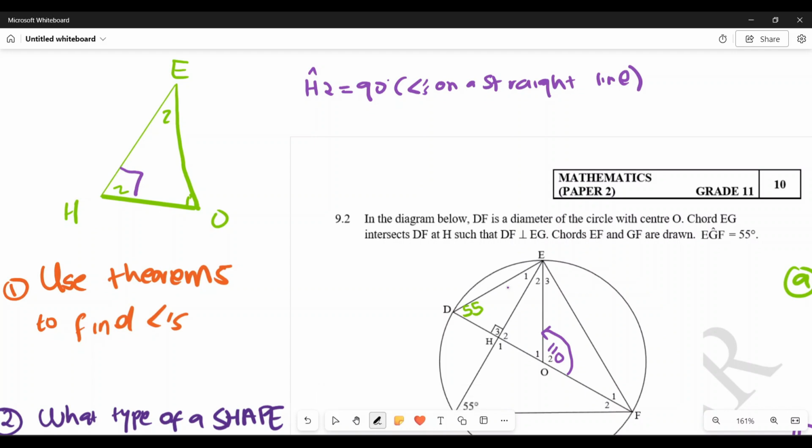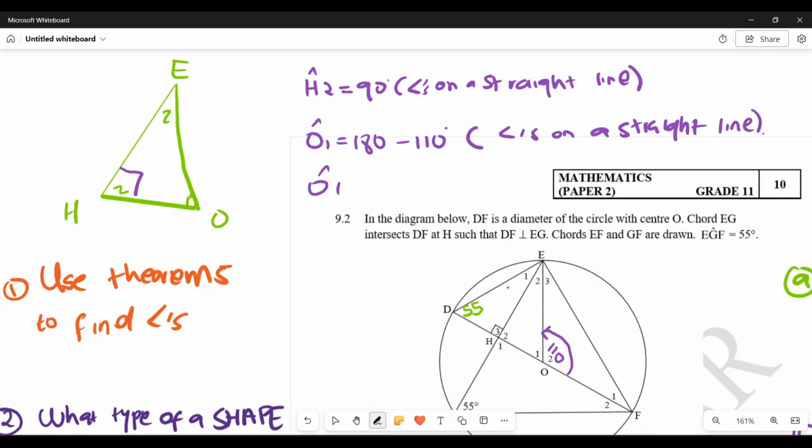Yes, you can find O1. So O1 is going to be equal to 180 minus 110, and the reason is the same, angles on a straight line. So my O1 is going to be equal to 70 degrees.